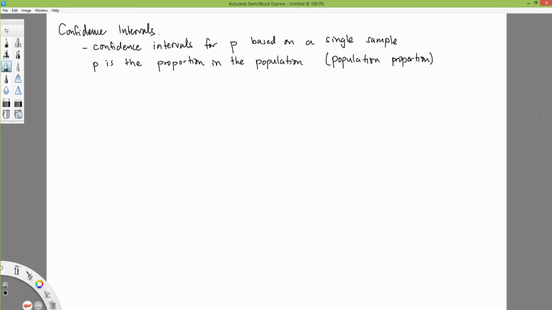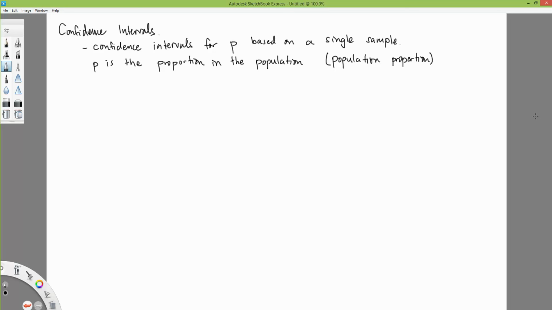So this is the percentage of all Instagram users that are female, or the percentage of all the M&Ms in the tub that are green, or the percentage of whatever in the population, that is P, okay?